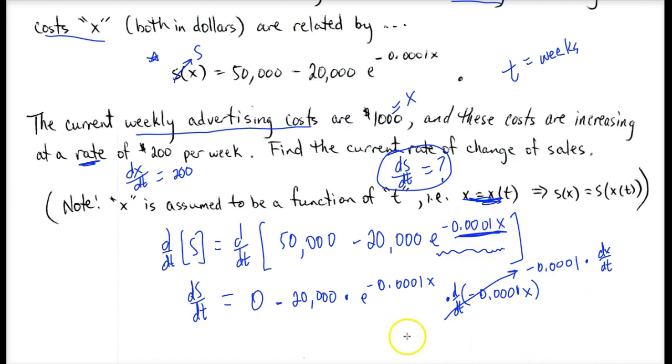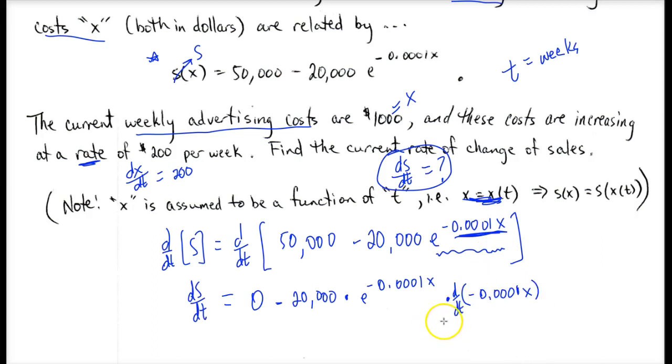Okay. So in doing that, a simple way to think about it, and I'll just kind of get rid of this to do it again to make sure that this is clear. The variables do not match. So here we have to act as if we're taking the derivative of this negative 0.0001 x as if we're taking it with respect to t.